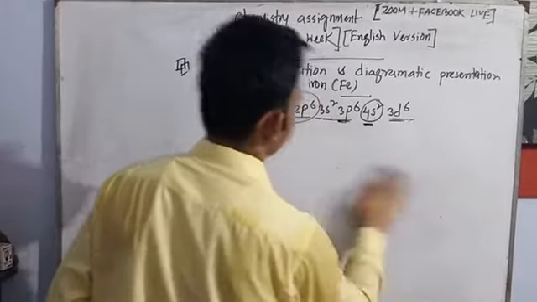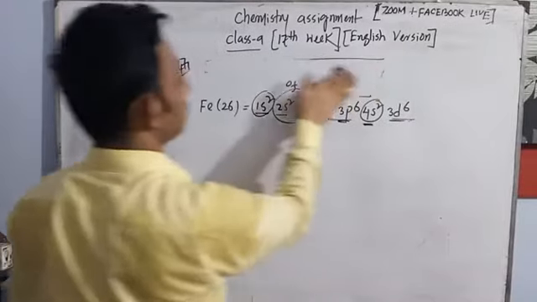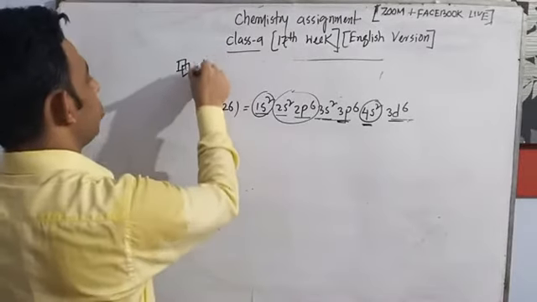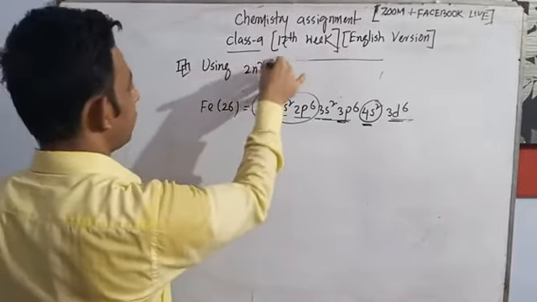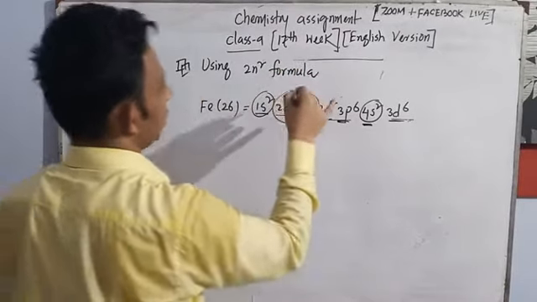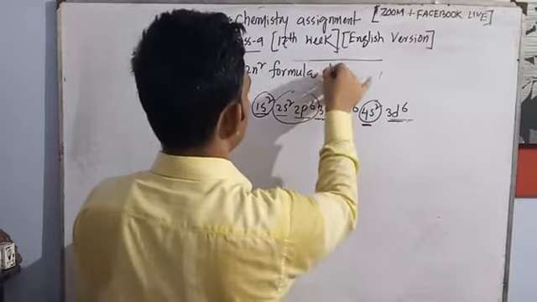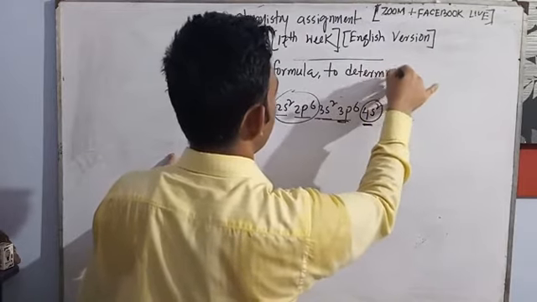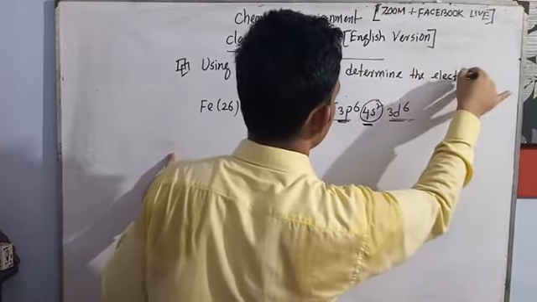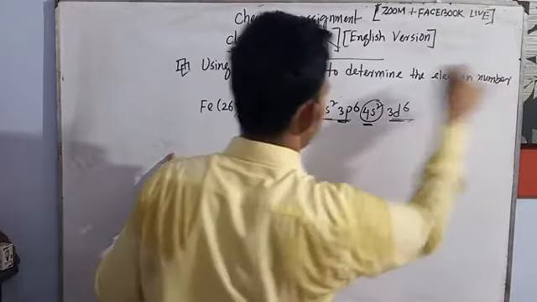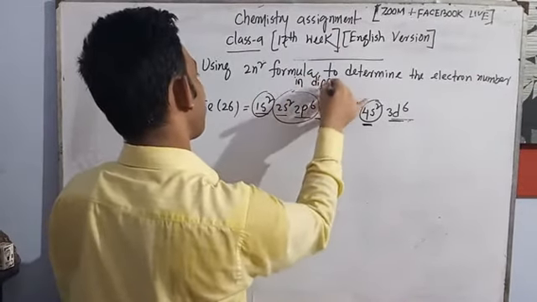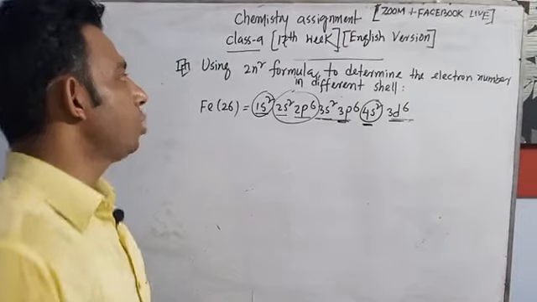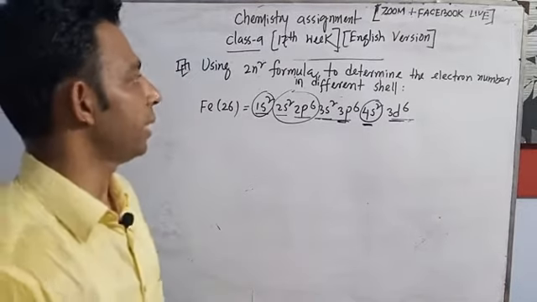Third headline point, this headline point you must use on there: using the 2n square formula to determine the electron number in different shells.